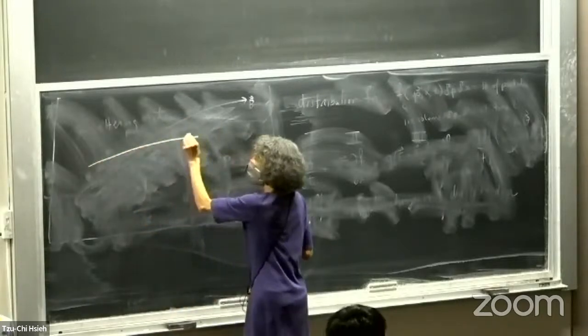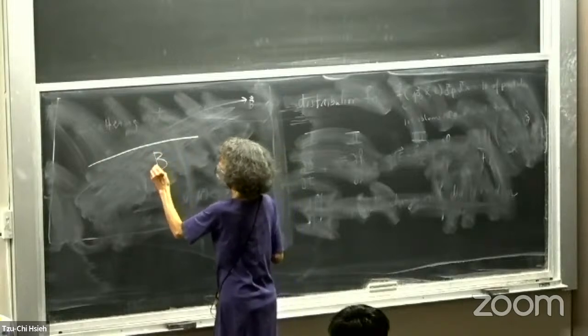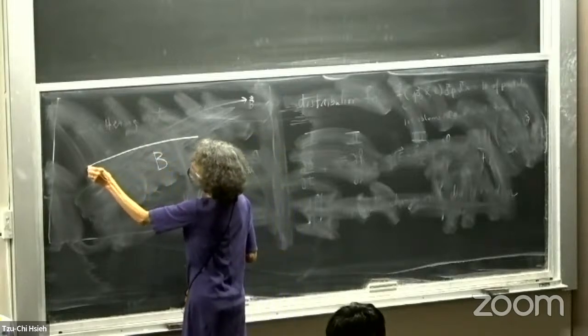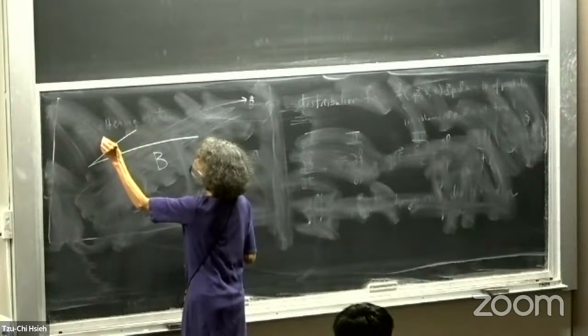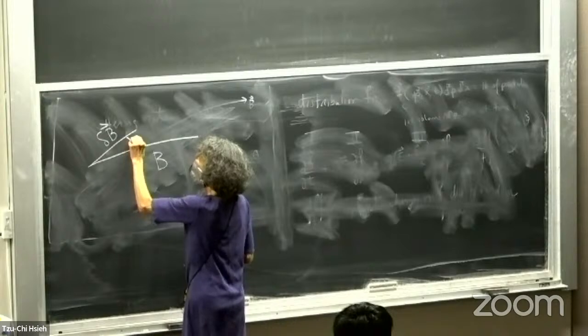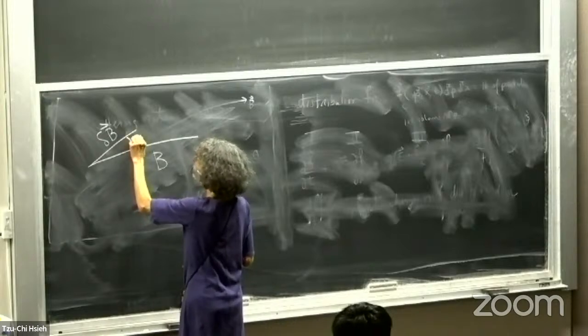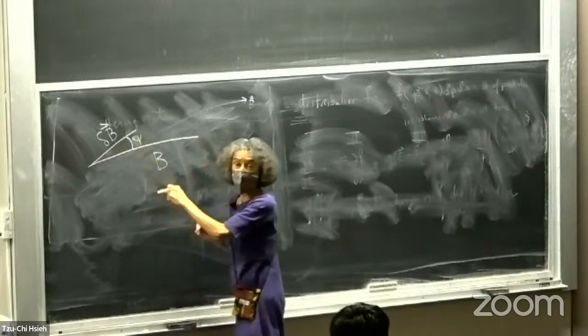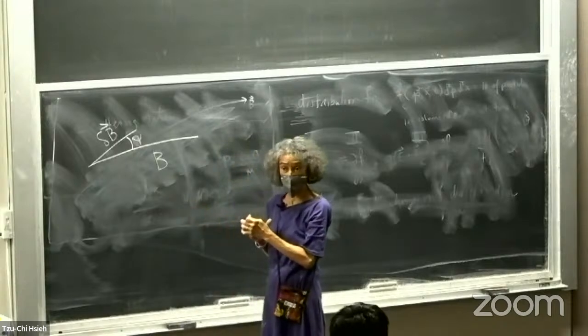So here's our field, and here's our fluctuation. It makes an angle, let me call it psi, with the mean field.